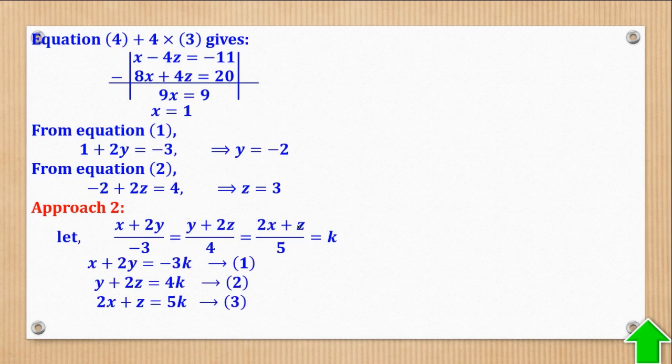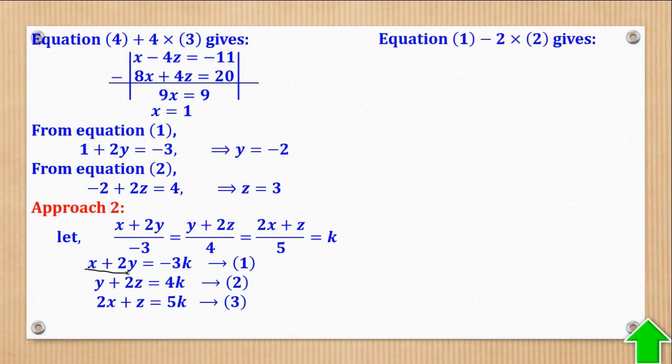So I'm going to solve this one simultaneously to get the value of k first, then I can get the other values. So I'll get x in terms of k, y in terms of k, and z in terms of k. So I'll begin by equation 1 and equation 2.